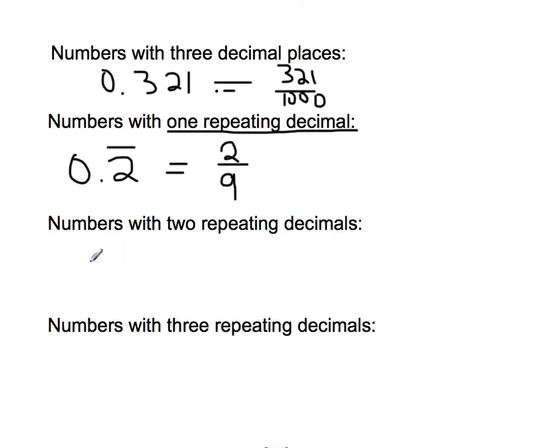2 digits that are repeating. So I have for some odd reason 3 in my head today. So let's put 34, and we have 2 decimals that repeat. So 0.34, 34, 34, 34, 34, and it continues on and on. Since 2 digits are repeating, we're going to put them over 2 nines, so 99.